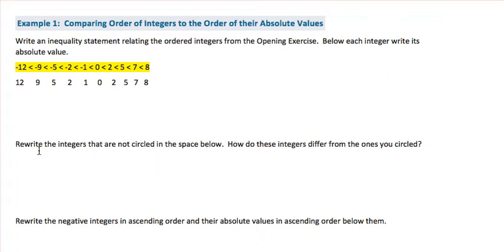The follow-up question is, are the absolute values in order from least to greatest? And when you look at them, you can see that they are not, because the absolute value of -12, which is 12, is listed as the smallest number on the list, when in reality it is actually the largest number.